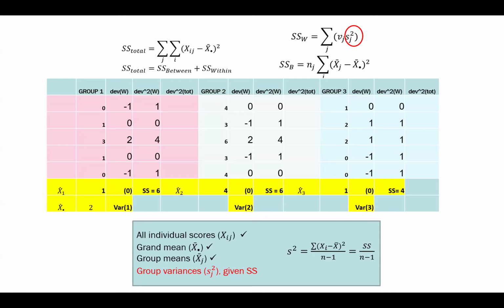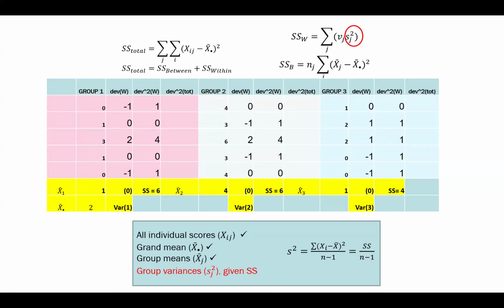So our variances, we know the formula for variances. Variances are sums of squares divided by degrees of freedom. Each of these sums of squares is within a group, so degrees of freedom are the group size minus 1.